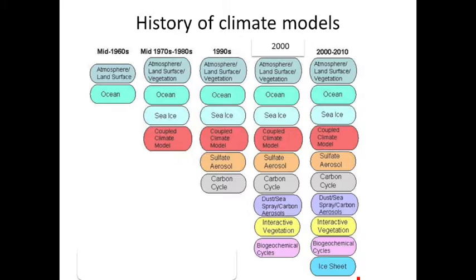And the interactive vegetation is the dynamic vegetation that I told you, that the vegetation can have an influence on the climate and the climate can influence the vegetation as well. So there is this kind of interaction. So many improvements in the model since the beginning of '96.